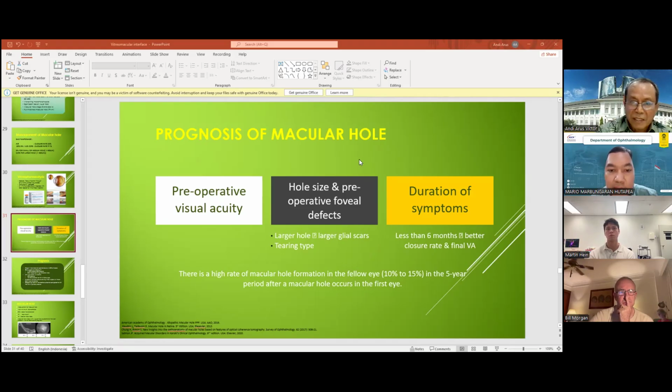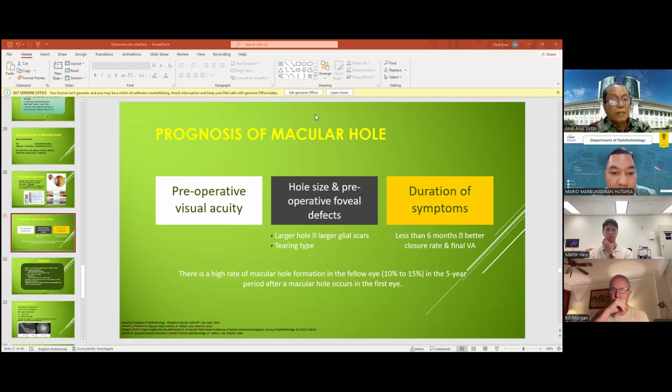Yes, Prof. Andi. So actually, for the recurrent or persistent macular hole, we can do the free flap ILM peeling. Also, we can do the amniotic membrane transplantation graft, AMT graft, or plug in the macular hole.